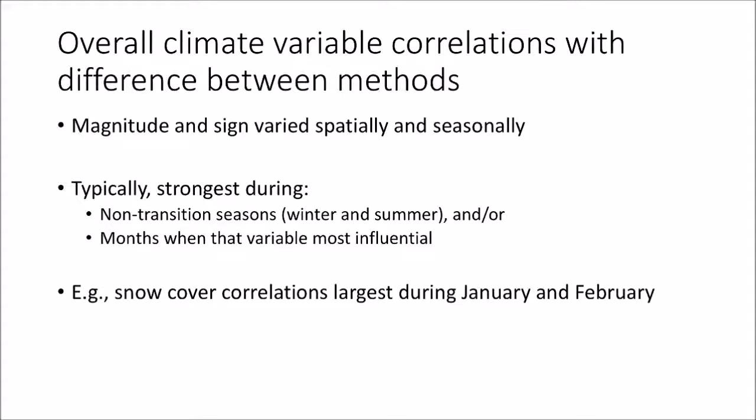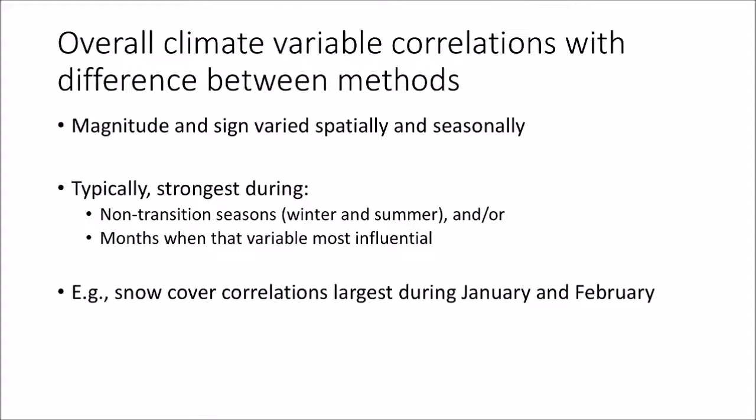And interestingly, the magnitude and sign of these correlations between climate variables and difference between methods varies both in magnitude and sign over time and space. So again, the implications of these variables can be different depending on where you are, what time of year you are. Typically, though, as expected, strongest correlations between climate variables and difference between methods during non-transition seasons, so the winter and summer.